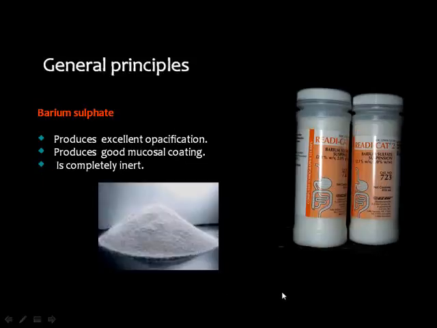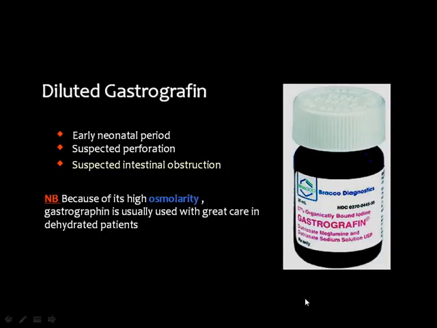And actually, you know that barium is provided in a powder or ready-made preparations. It is an excellent contrast medium for opacification of the gastrointestinal tract, and it is completely inert, without any reactive changes with the mucosa or the intestine.